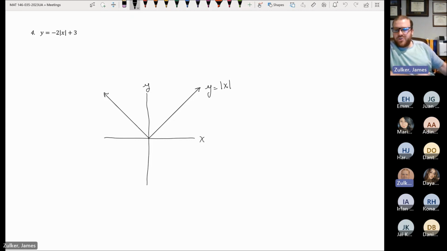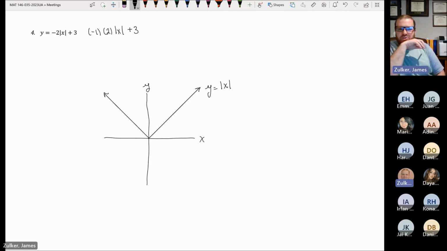The 2 is a stretch. The negative tells us it's going to reflect. So what we're really doing is writing this like this: -1 times 2 times absolute value of x.